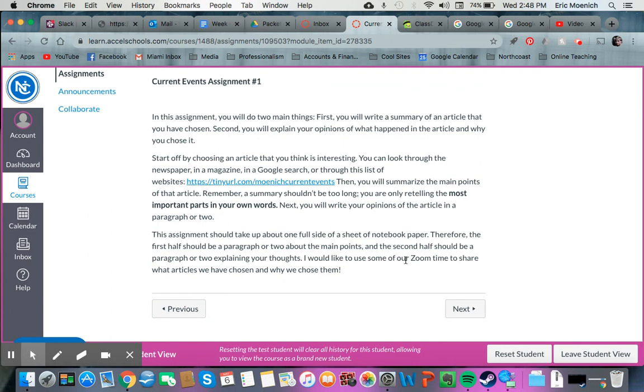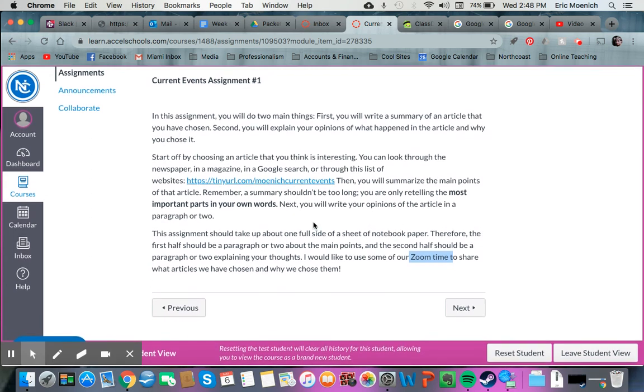And then obviously, we're not doing Zoom anymore. We're going to be using Canvas conferences to share out these articles. But I'm hoping by the end of the time for packet number 4 that, if maybe you were late on doing packet number 3 and current event number 1, maybe you could share both of the articles that you have picked there.